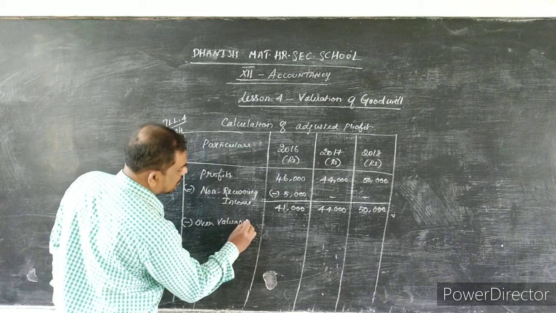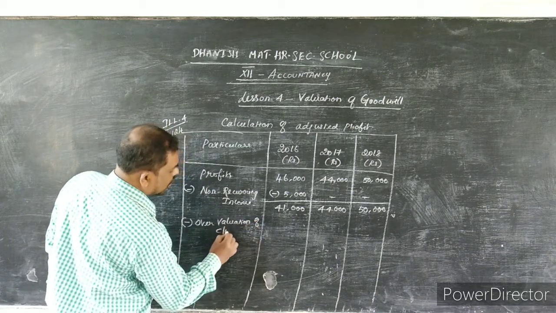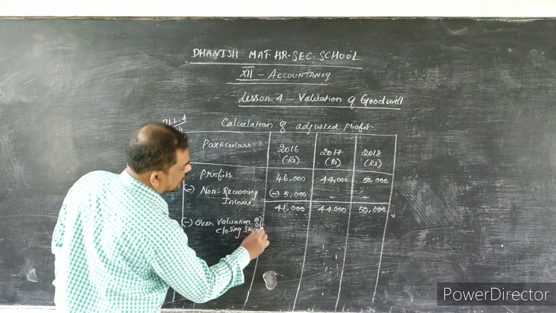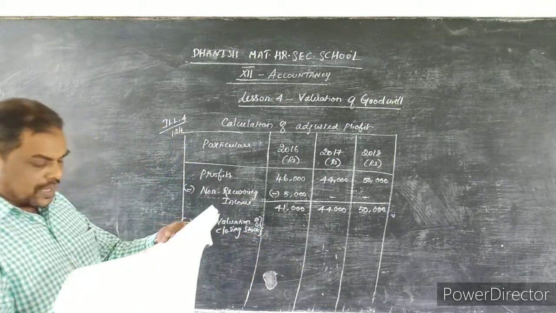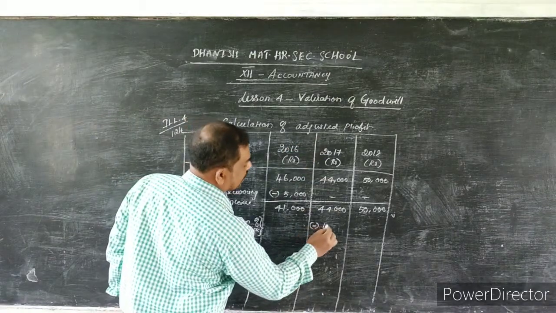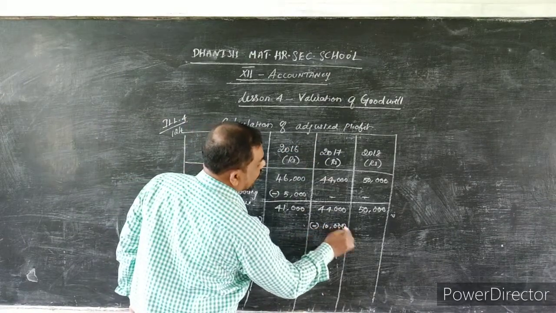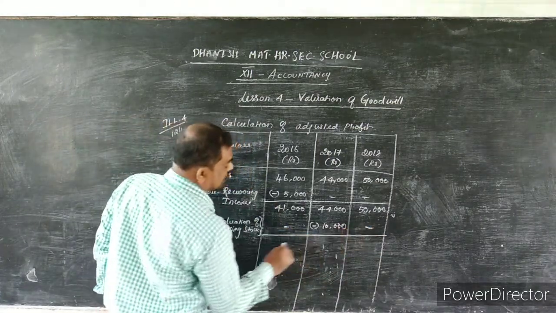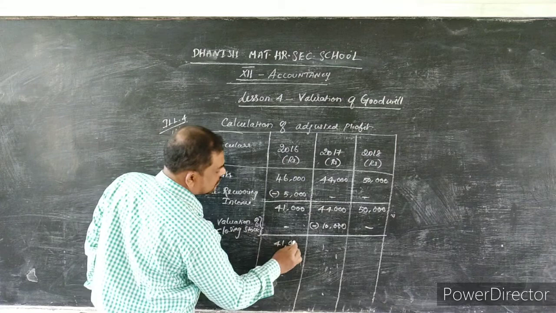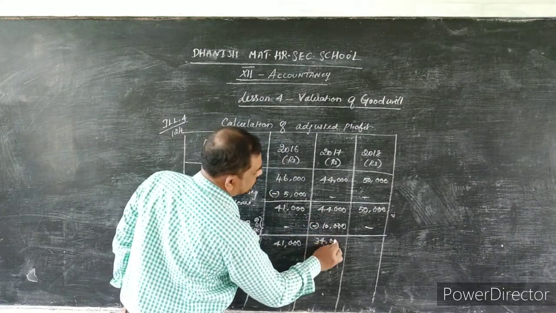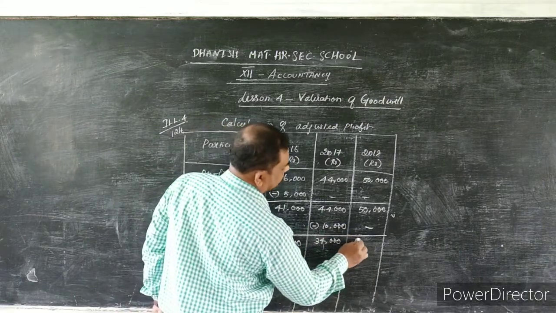Overvaluation of closing stock, the amount is rupees 10,000. So in 2017 you deduct rupees 10,000 because it was overvalued. Here nothing is there. So 41,000, 44 minus 10, 34,000. Here 50,000.